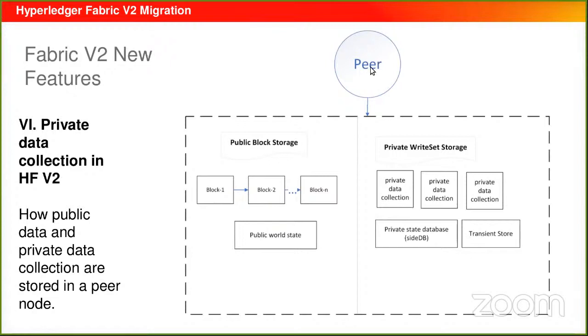Just to give you a little recap: a peer can be a member of different channels at the same time, to give you an idea of the complexity that you may run into. One peer may be a member of different channels as well as the system channel. For each channel that a peer is a member of, it may be involved in certain private activities.